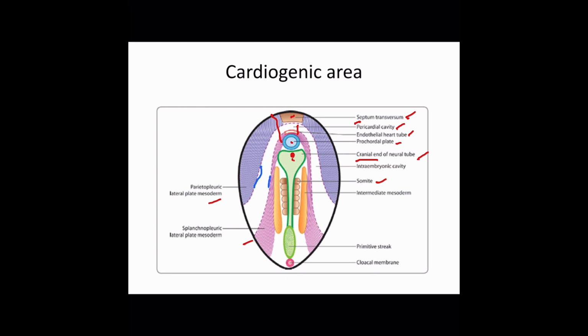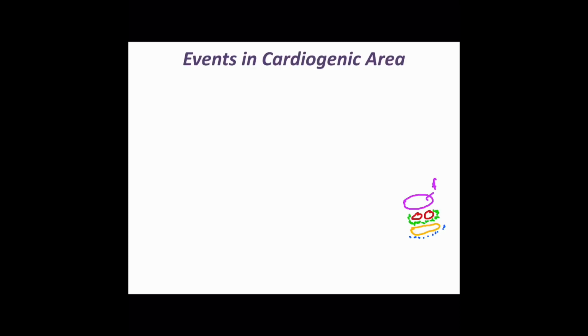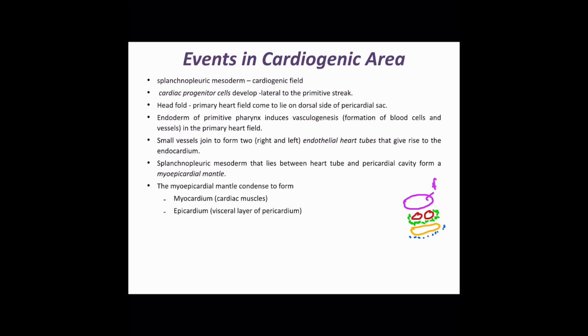On one side there is splanchnopleuric mesoderm and on the other side there is parietal mesoderm. This is the same thing we are studying here. So this is the somatopleuric mesoderm.